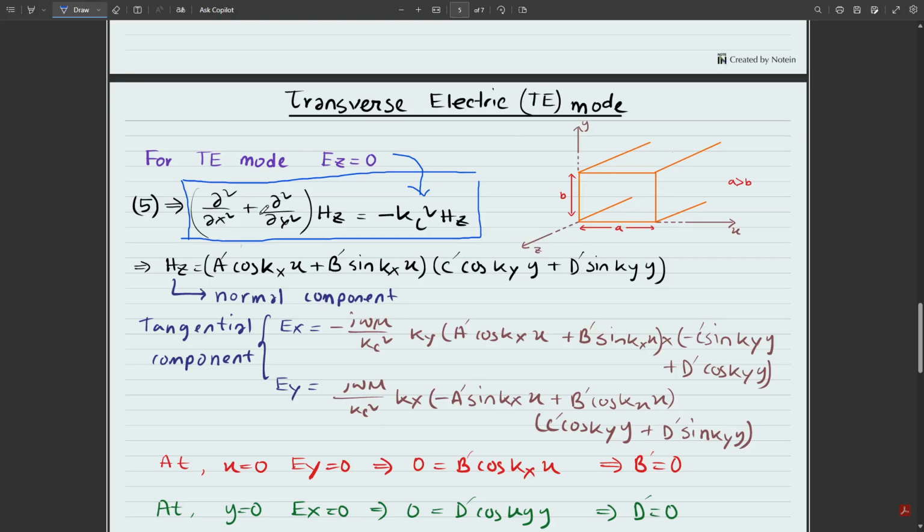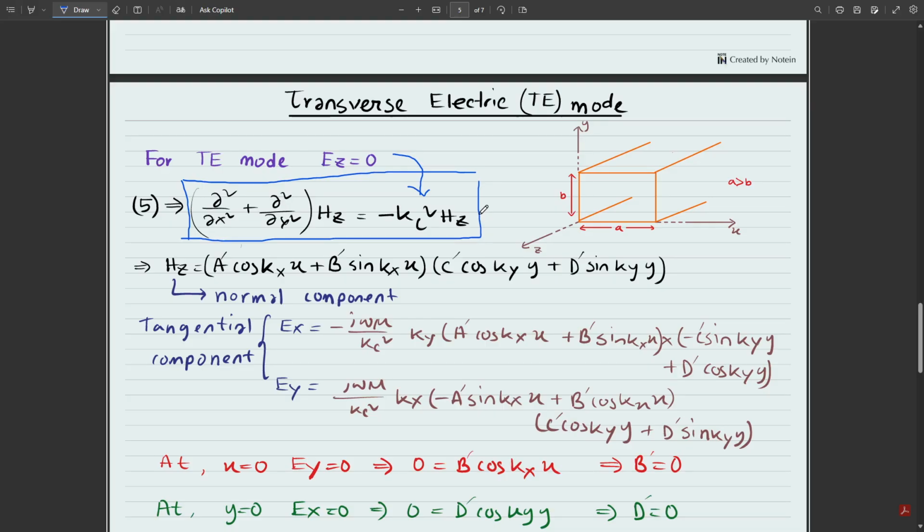In our previous case for the parallel plate waveguide, we could make del by del x equal to 0, because in the x relation it was infinite, so there was no change. But in our case, as this exists, we cannot easily make this 0.